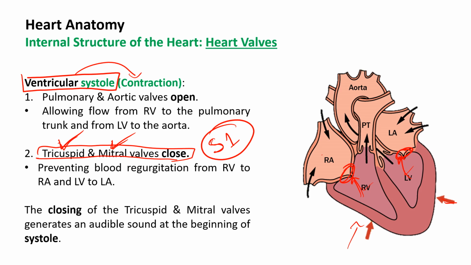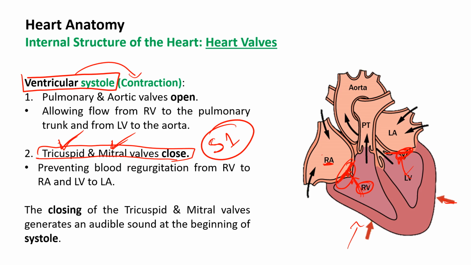Okay, so I just want to clarify here, the tricuspid and mitral valves are the valves that prevent backflow from the ventricles towards the atria, and therefore, when the ventricles contract, they have to resist the pressure generated by the ventricle.